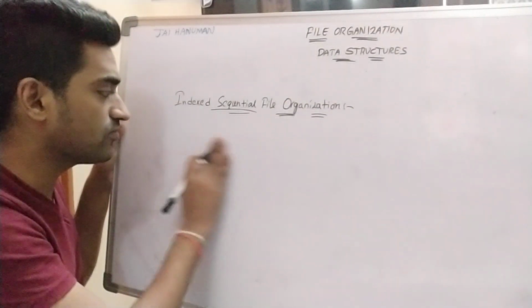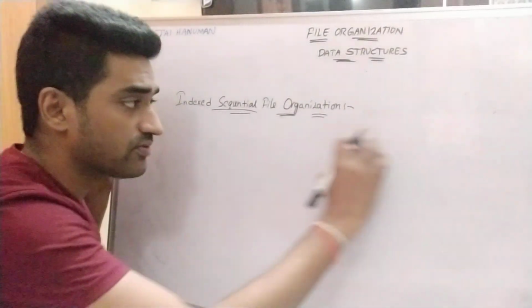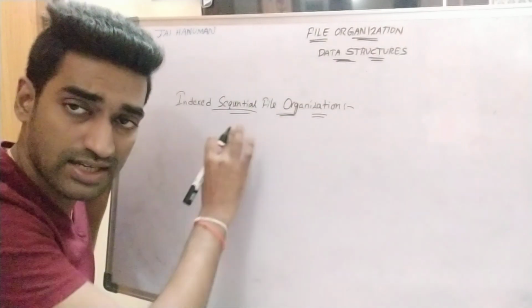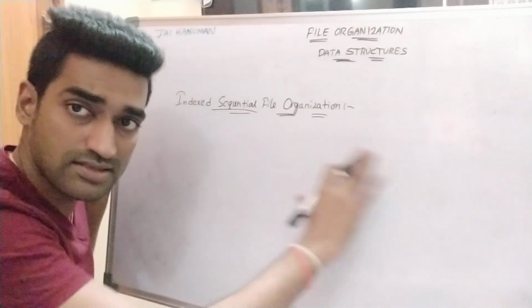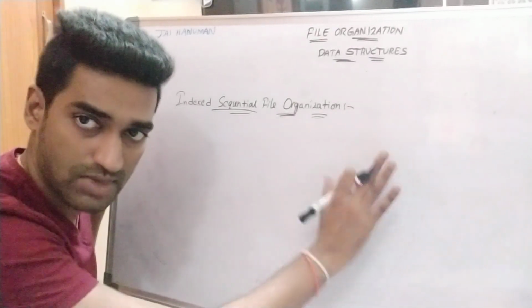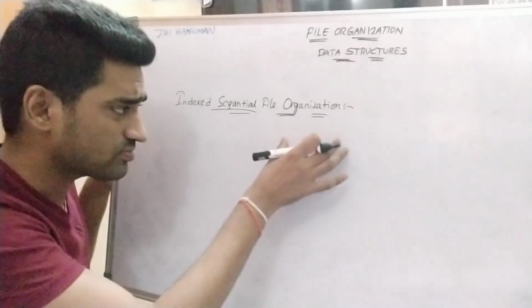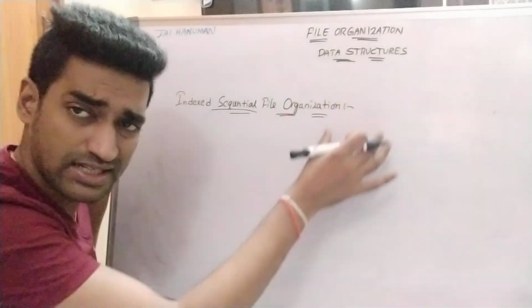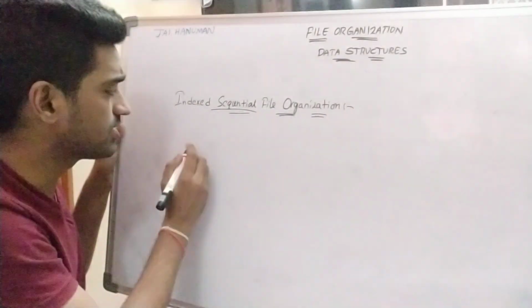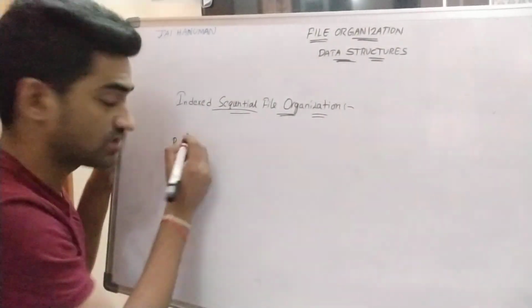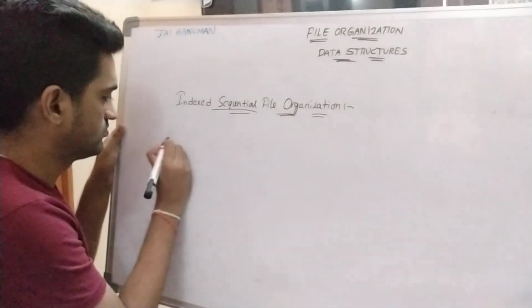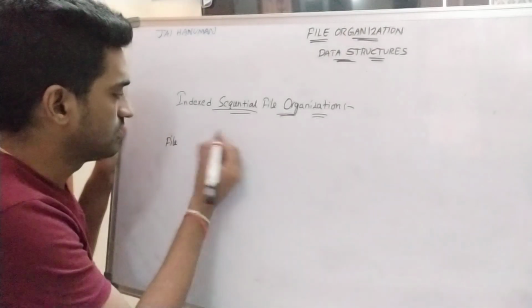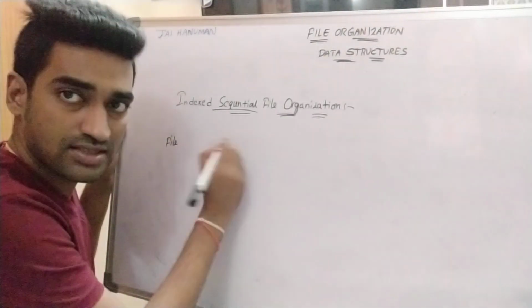So here I am taking one file which contains sequential records. Why? Because in this process, all the records are arranged in a sequential manner only. Then only we can put some indexes at some positions, right? So here I am taking one file consisting of some records.